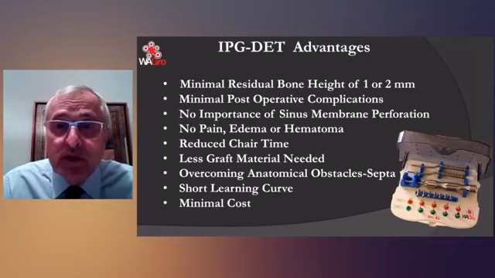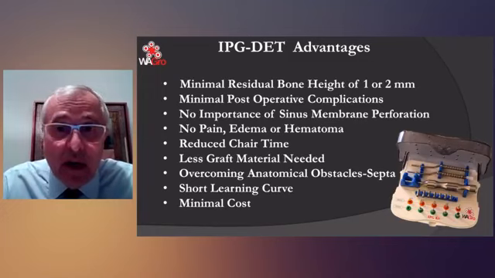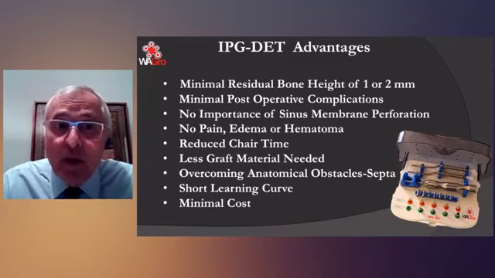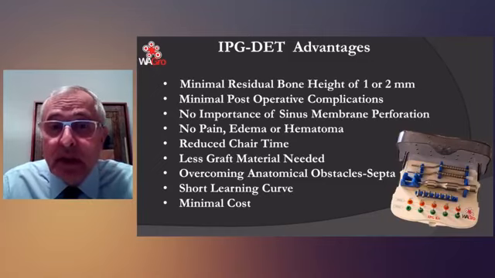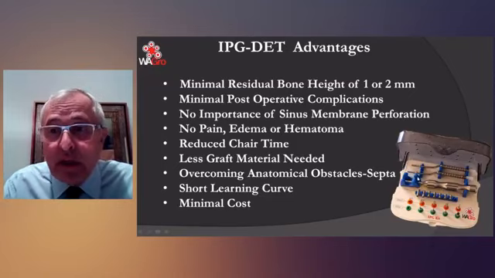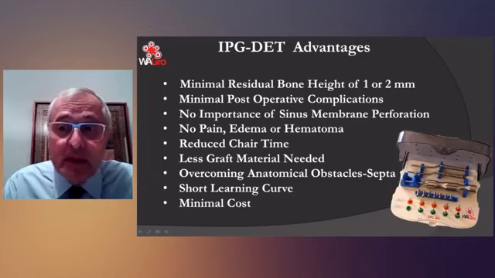We do the procedures. If we don't have perforation, it's okay. But also if we do have perforation, it's okay, it's the same. We have no pain, edema, or hematoma. Reduced chair time, less graft material needed, overcoming anatomical obstacles and septa, short learning curve, minimal cost. And this is also a key for the IPG DET technique.